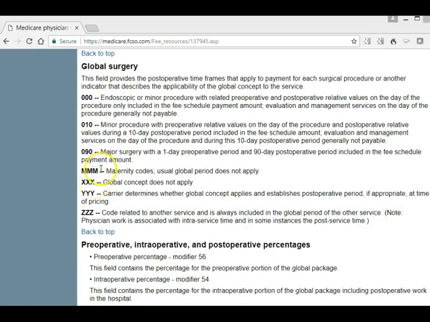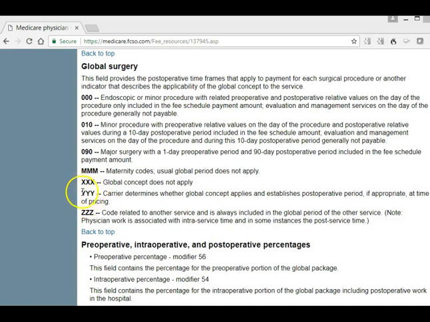Okay, in some cases, these are maternity codes, so usually the global period doesn't apply. And in our particular case, the XXX means global concept does not apply. This is not a surgical procedure, and therefore it doesn't apply at all. It doesn't make sense for there to be a global concept for X-rays.